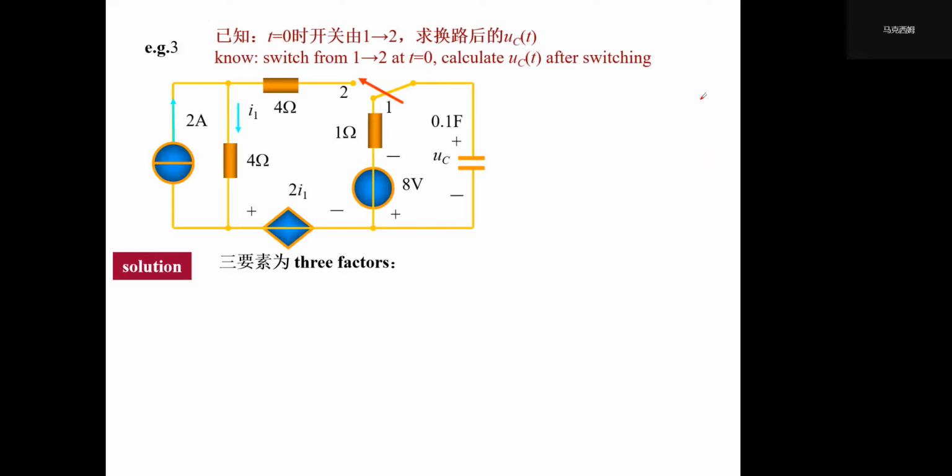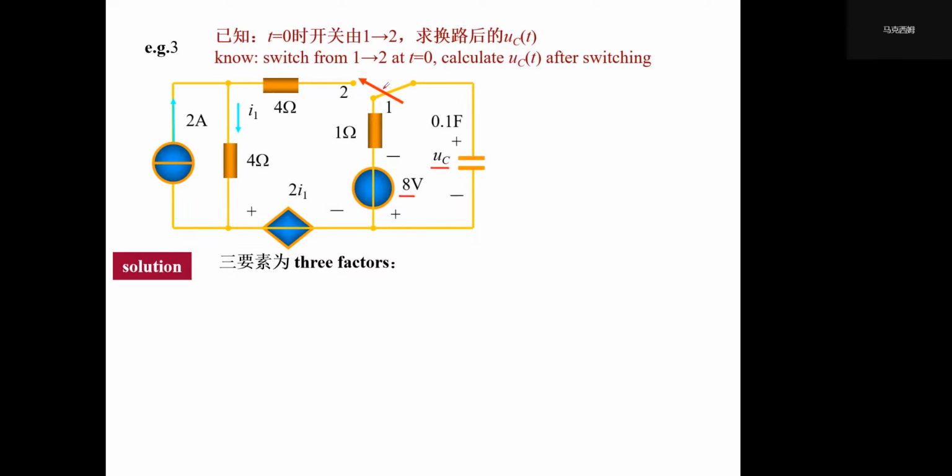When we switch the switch from point 1 to point 2 at time 0, we would like to know the UC value after switching. Before switching, we know that the voltage UC must equal 8 volt.